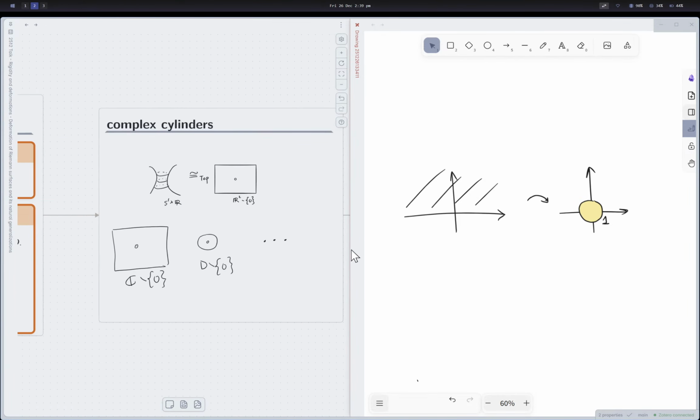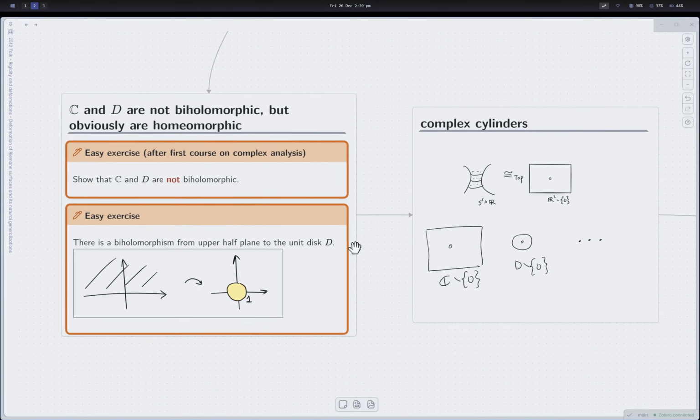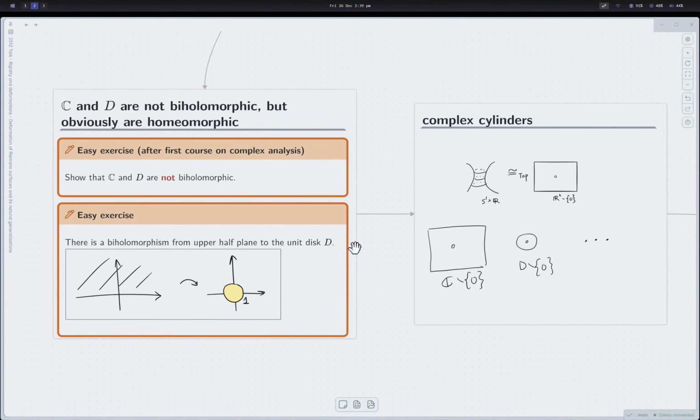Now, we can show that C, D and the upper half plane are all homeomorphic, but we can see there are two complex structures on this homeomorphism class.